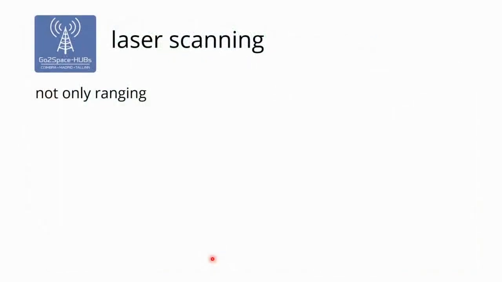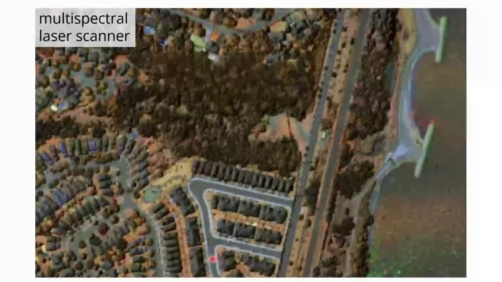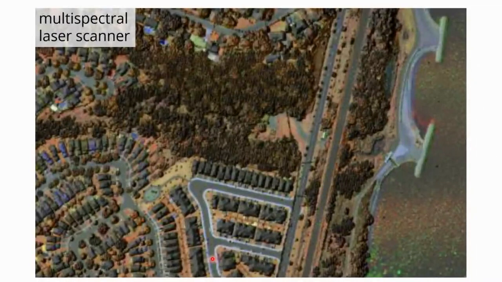And also we can use laser scanning not only for ranging, for this altitude thing, but also we can use the intensity of reflection. This is also an active system, so again, we are independent of external conditions, and this is an example of a multispectral laser scanner. This is also quite a new thing.